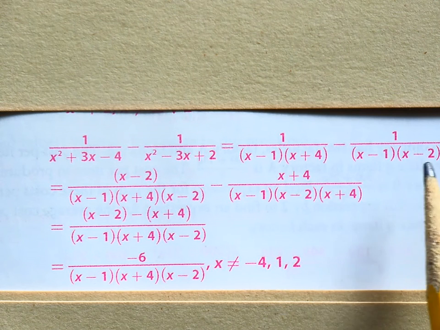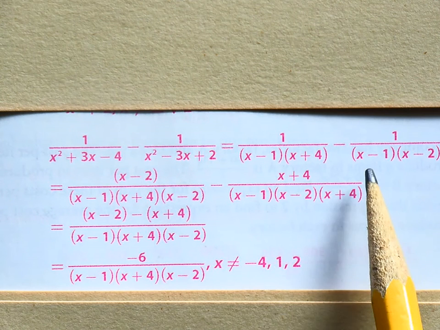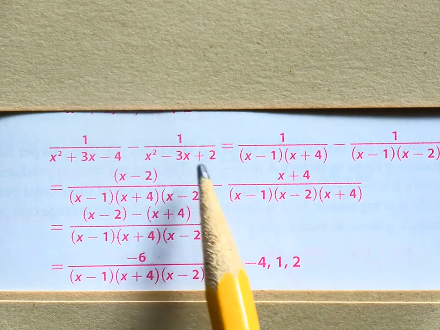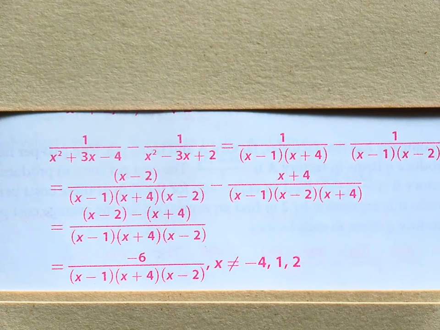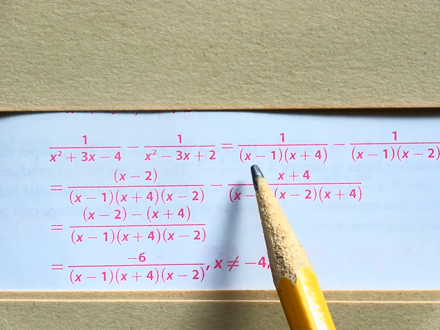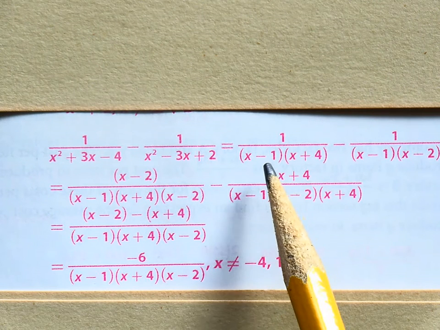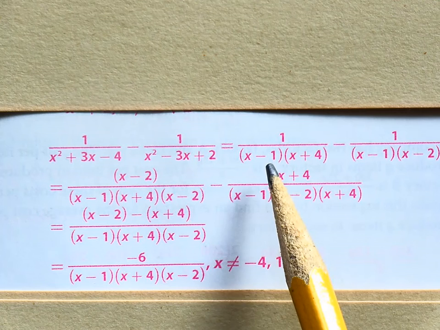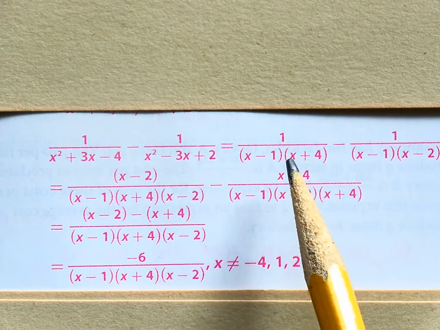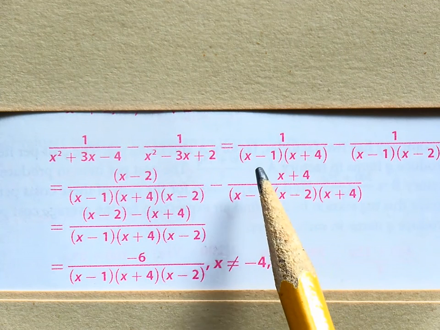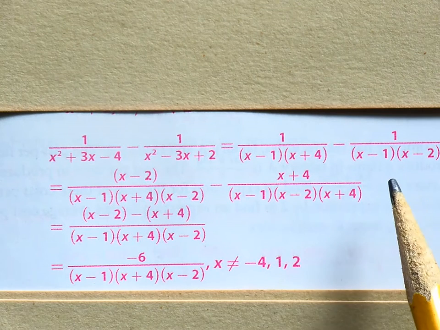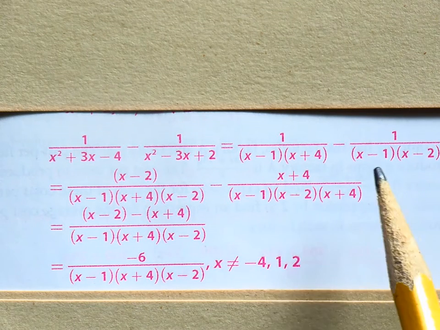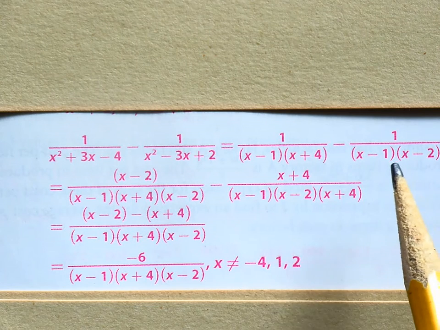If I multiply my outers, I'd get -2x, and combined gives me my -3x, so I'm good there. So now I need to look for what they have in common. They have an x minus 1 in common, but this guy is missing an x minus 2, and this guy is missing an x plus 4, or the sum of x and 4.